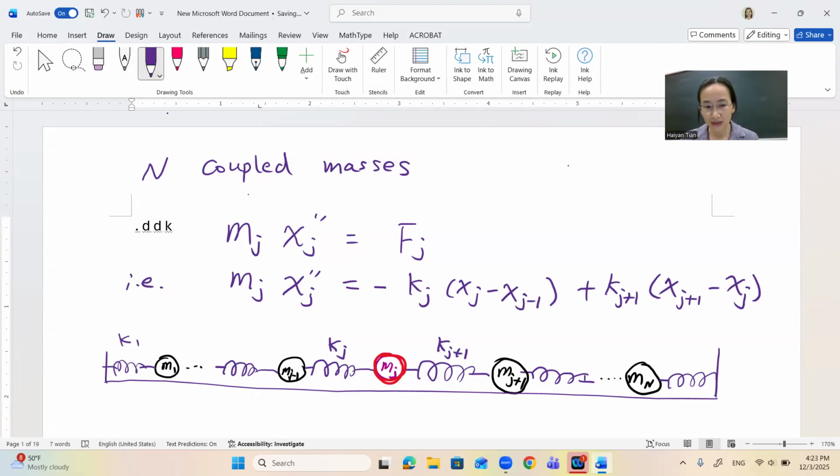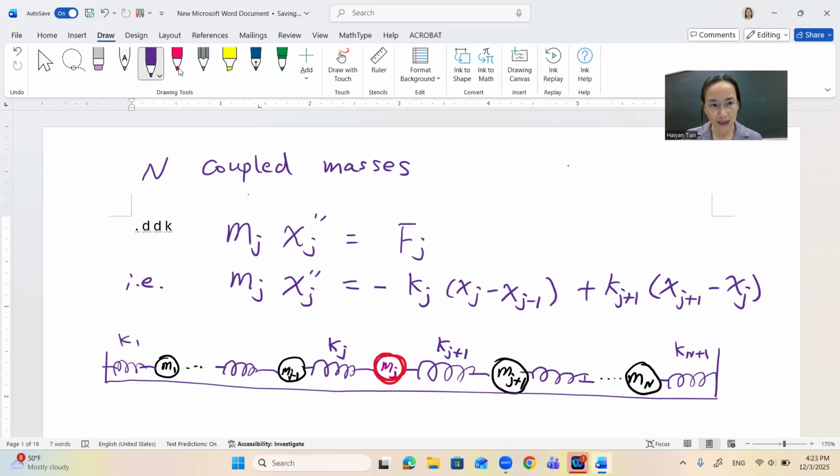And then after M1, there's a K2 and so on. And Mn, the last mass, is followed by the last spring, Kn plus 1. So as you can see, we have n masses and n plus 1 springs.